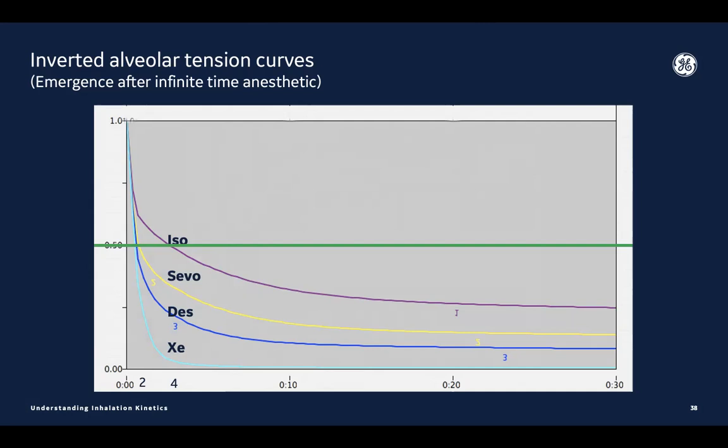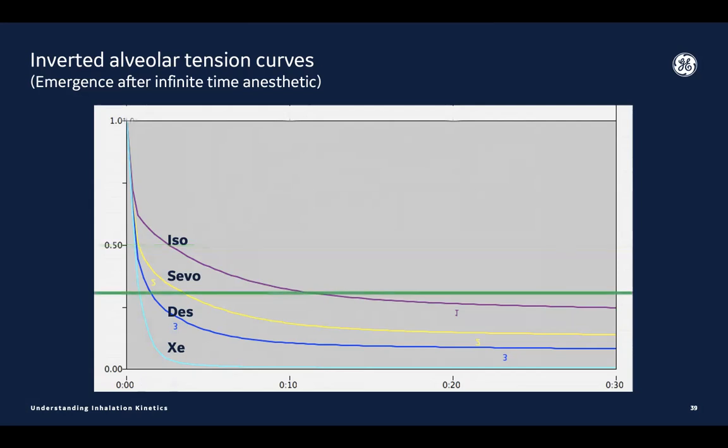But it isn't the half time we care about for waking a patient up. We want to get it down by 67%. That is, we want to get down to 1/3 of MAC. So here's a line that I've drawn at 1/3 of MAC. And what we see is this is the amount of time it takes to reach that level for the 4 drugs I've depicted here.